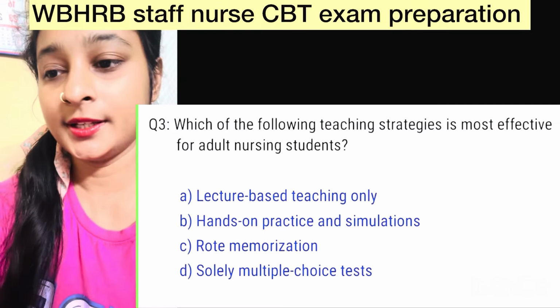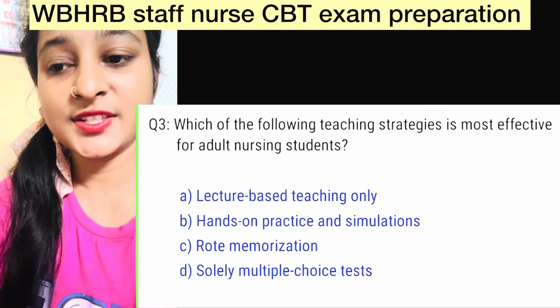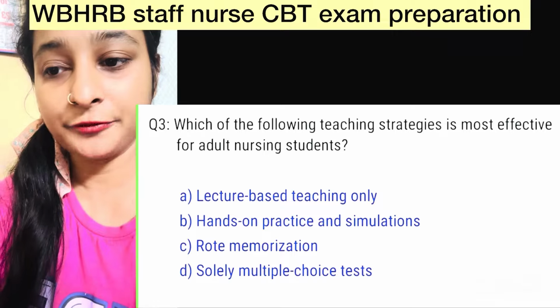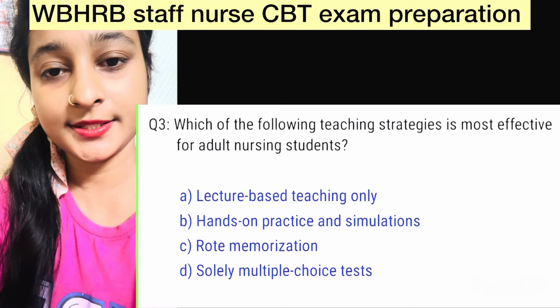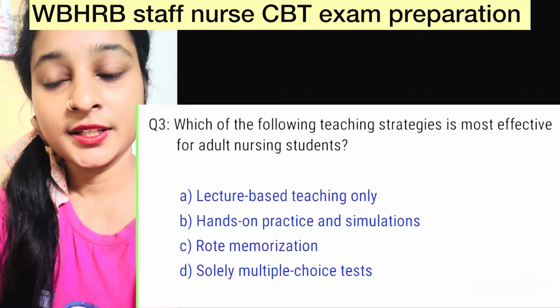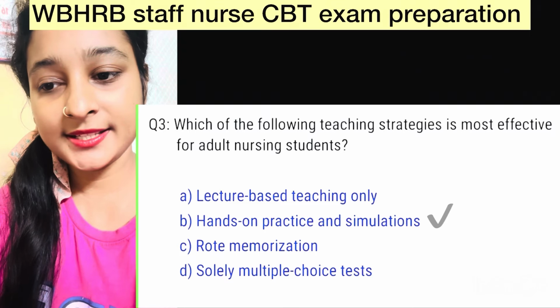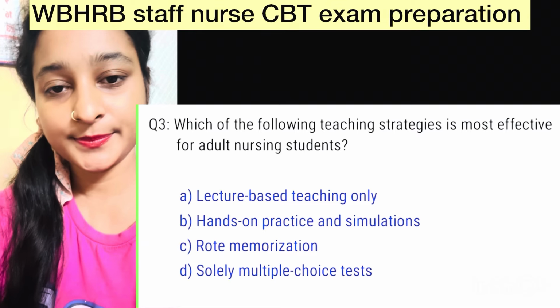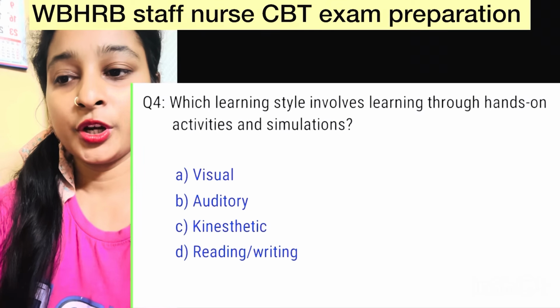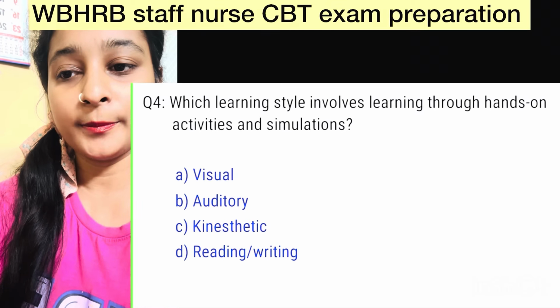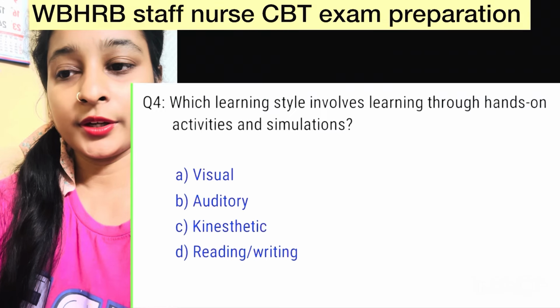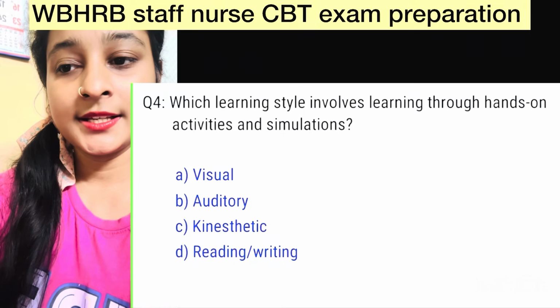Question number 3, which of the following teaching strategies is most effective for adult nursing students? Here, correct answer is option B, hands-on practice and simulations. Question number 4, which learning style involves learning through hands-on activities and simulations?